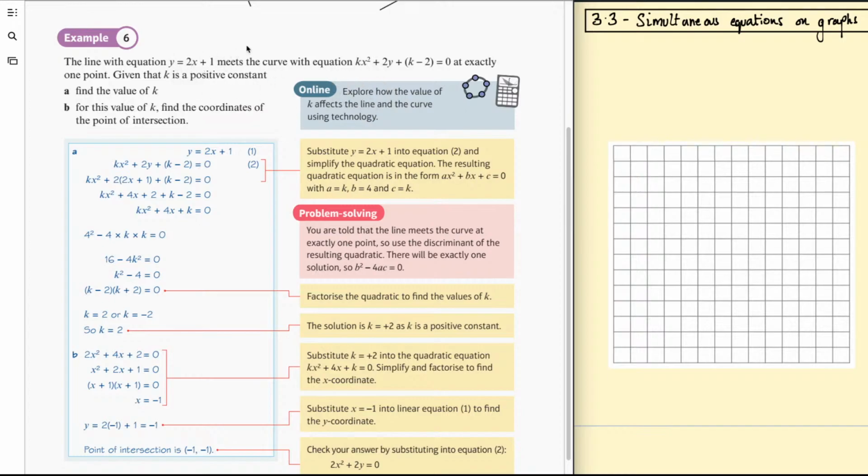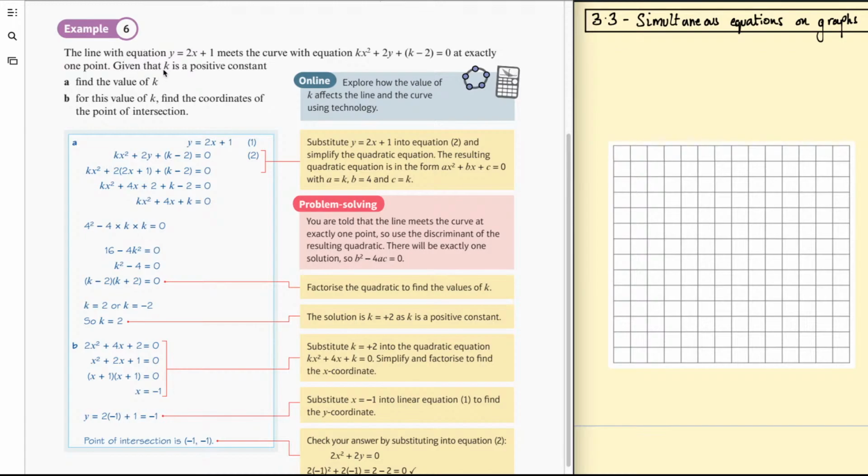We take this value of y, substitute it into this equation, and then simplify. We get a quadratic in terms of x, and then we use the discriminant to solve for k. And given that k is a positive constant, we can say then that k equals 2.